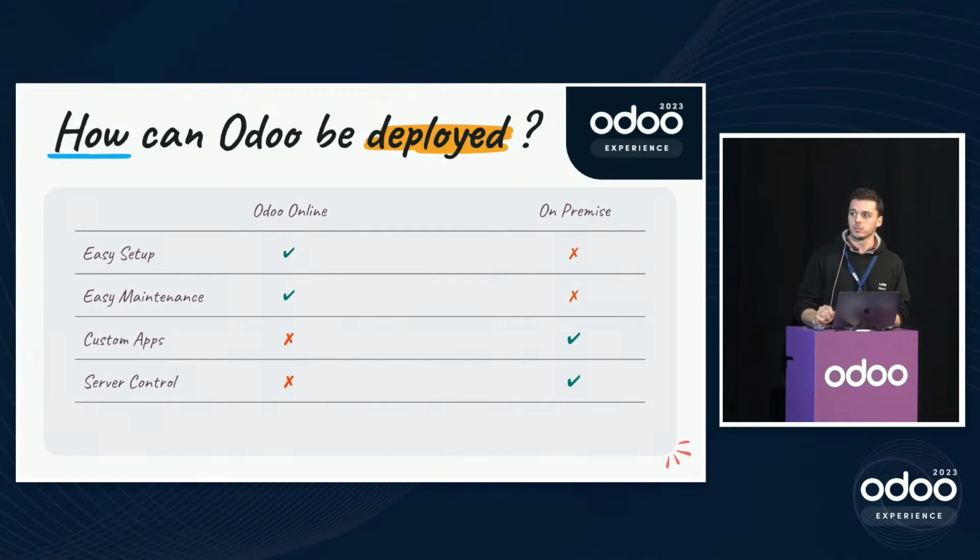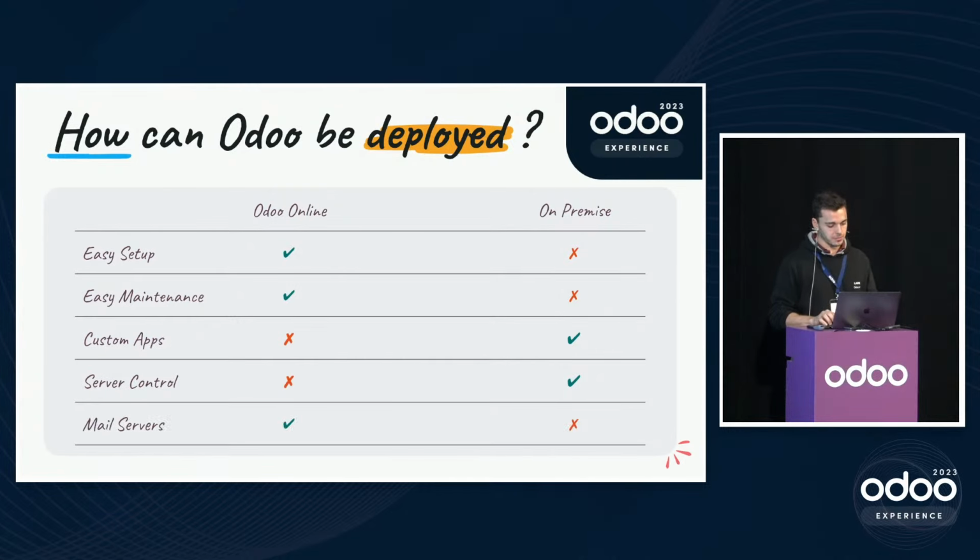Also, for the management of the server, when you are on Odoo Online, you have no control at all. You don't see the logs. You don't see if there is an issue. You don't see a lot about the server. While on-premise, you are more or less a god, and you can see whatever you want: all the logs, performance issues, the number of concurrent requests coming in, really everything.